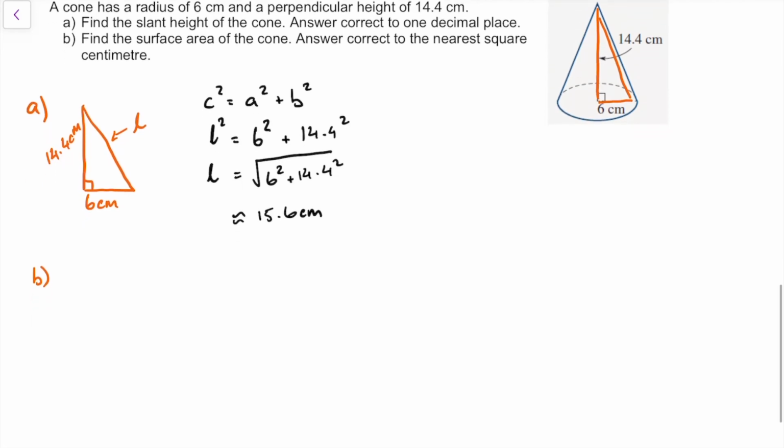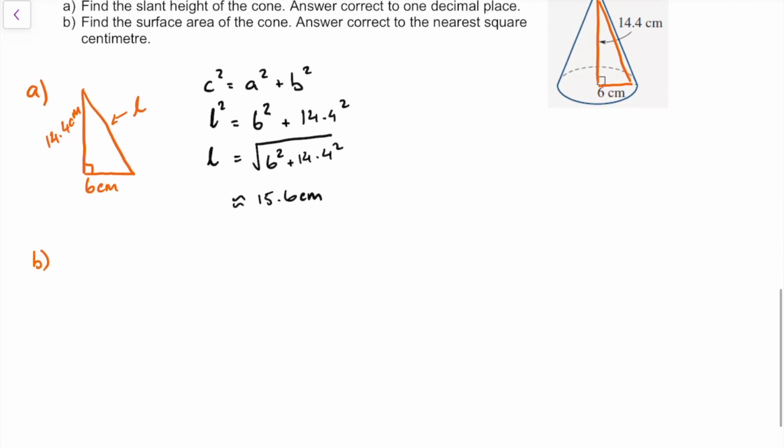B being the surface area of the cone itself. Okay, so let's remember that formula that we were shown before. Surface area being pi r squared for the circular base, add that to pi rl, which is the curved surface.